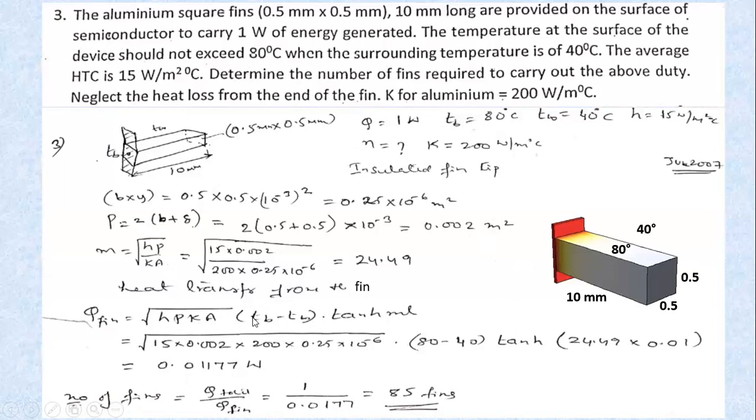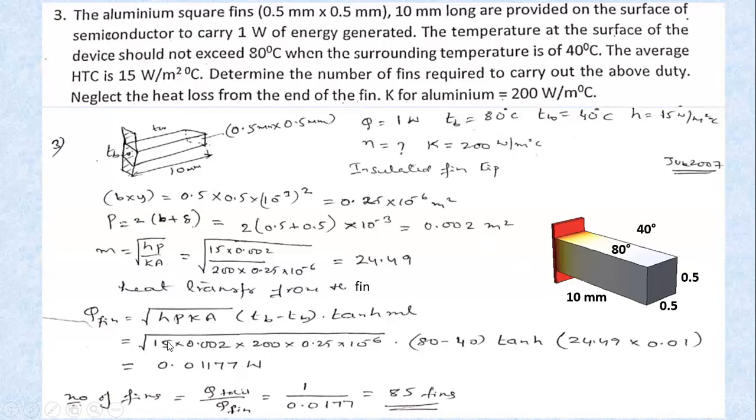Tb is the base temperature. The base temperature, he has given as 80 degrees, minus T infinity. T infinity is 40 degrees. Multiply by tanh of m into L. Tanh, this is the m value, multiply by the length value. The length is 0.01.